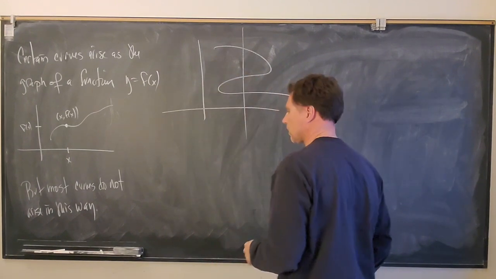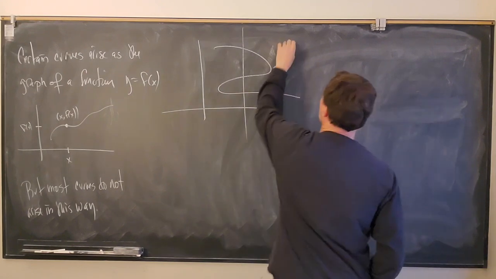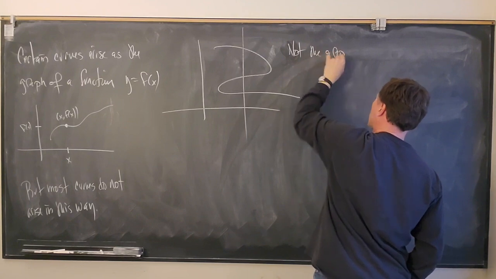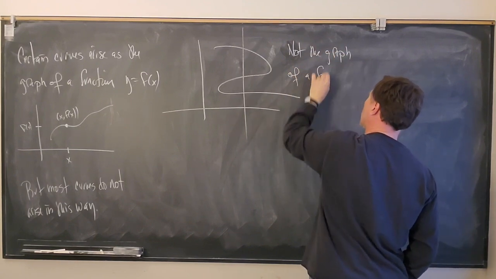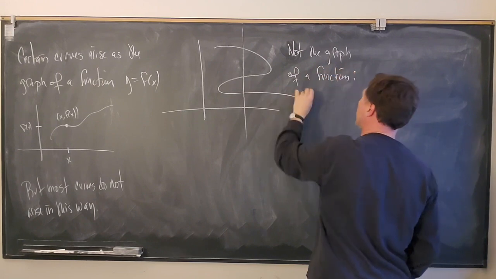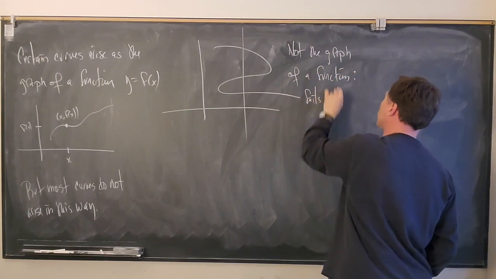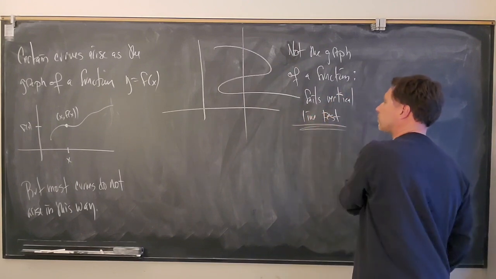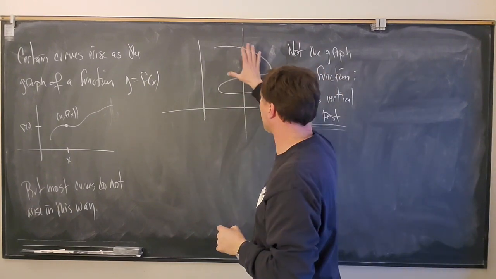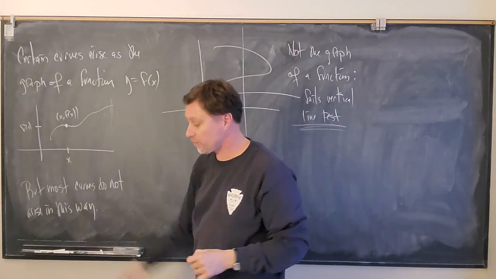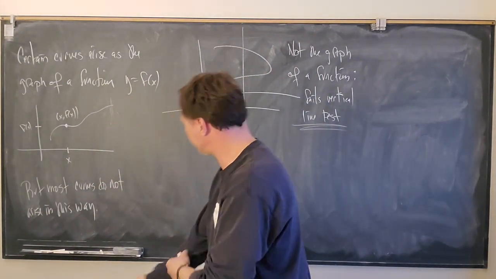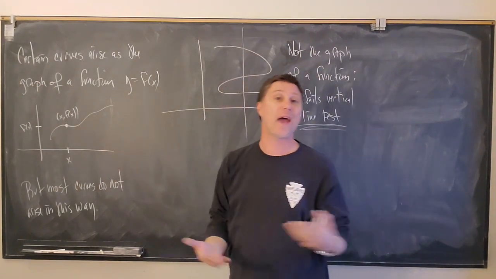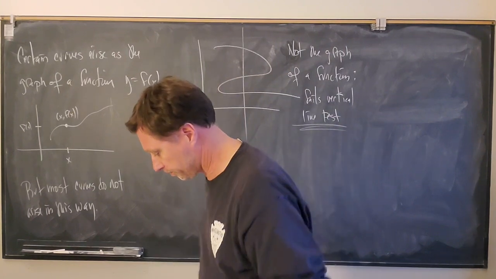So let's say this one here is not the graph of a function. So lots and lots of graphs or curves out there are not the graphs of functions. And so we would like to be able to do calculus with curves like this, but if they're not the graph of a function, we don't have the technology at this point to actually study them.